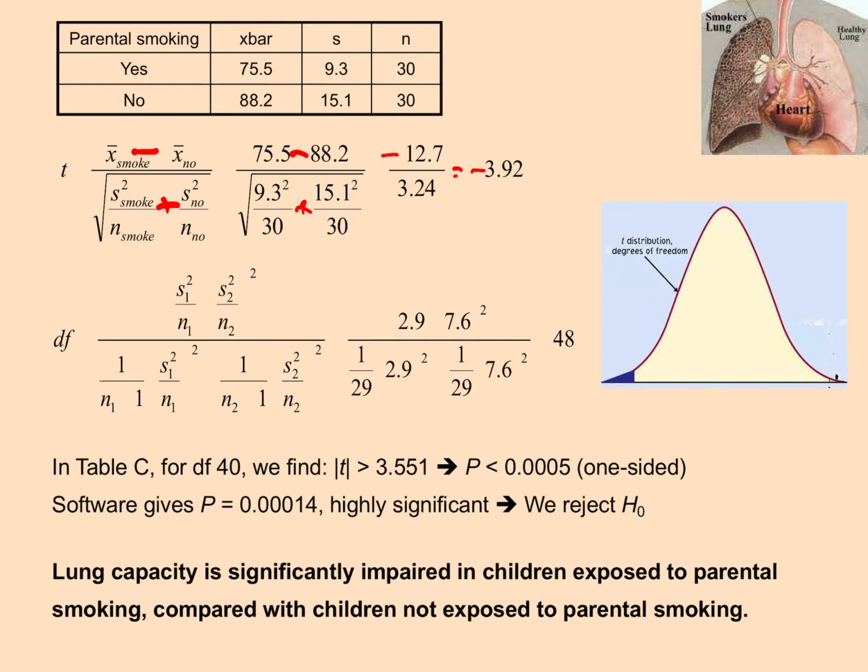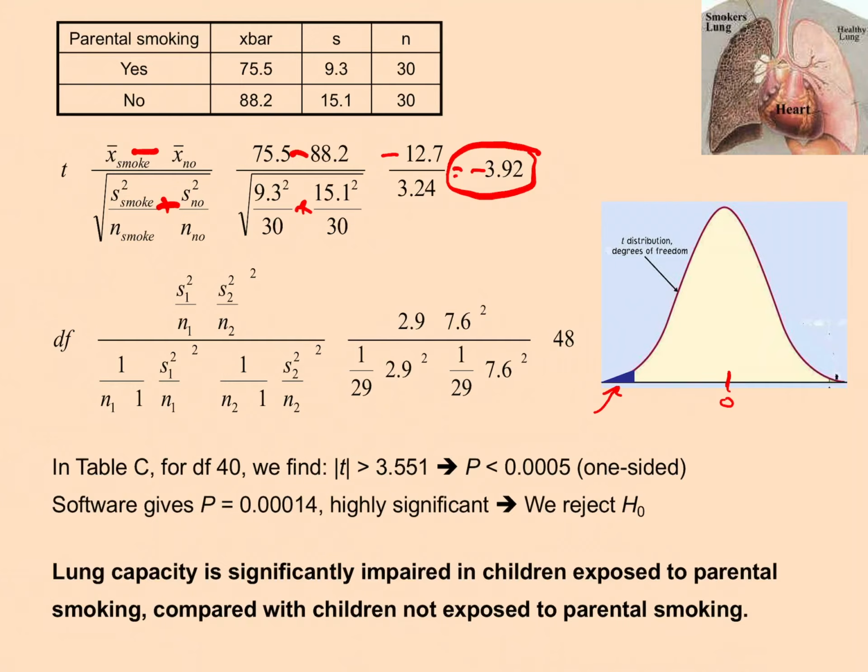So we're talking about a difference between the forced vital capacities of smokers and non-smokers that on the sampling distribution lies almost 4 standard deviations to the left of our hypothesized null mean of 0. So if our null mean of 0 is right there, we are way over here somewhere.